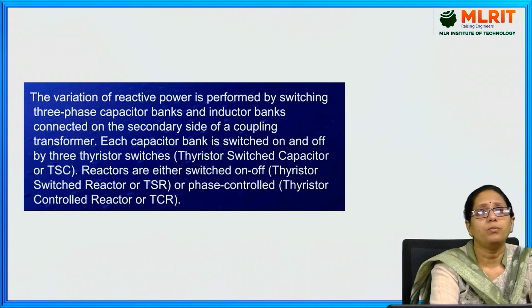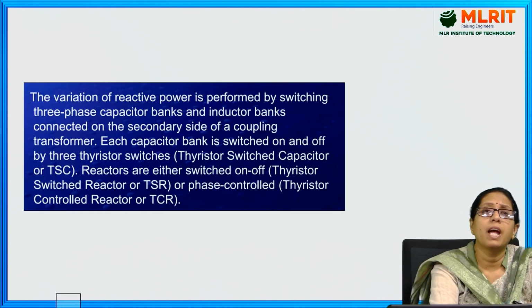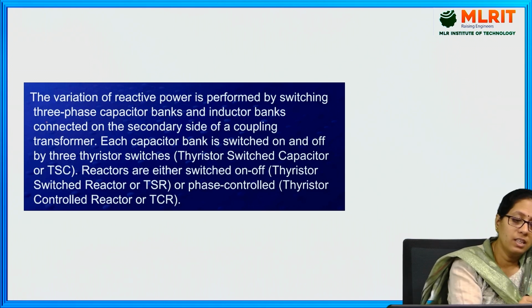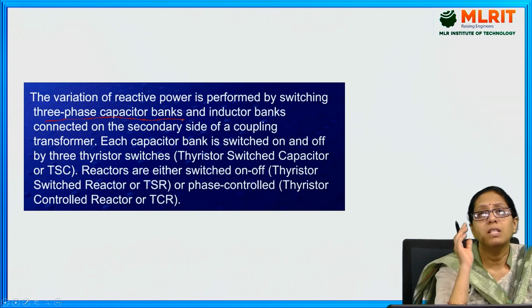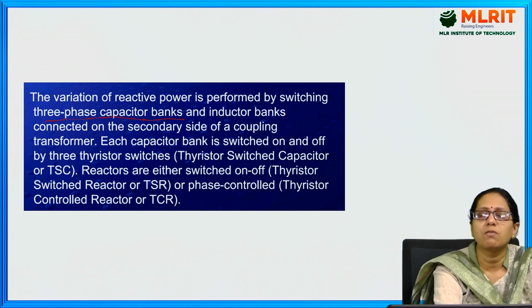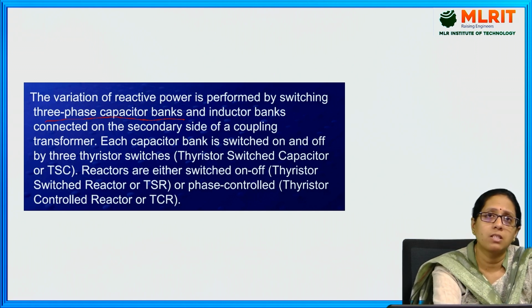The variation of reactive power is performed by switching the three-phase capacitor banks. That means if the input supply is single phase, we will use a single-phase capacitor bank, and if it is a three-phase supply, we will use three-phase capacitor banks.